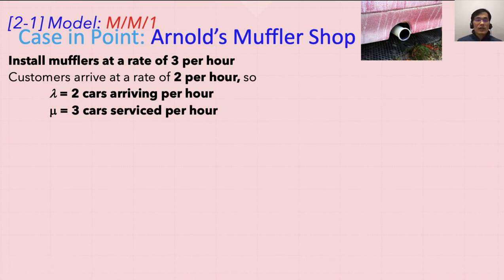Let us now take an example to understand this M/M/1 model. Let us apply these formulas that we have learned to the case of Arnold's Muffler Shop in New Orleans. Arnold's mechanic, Larry Blank, is able to install new mufflers at an average rate of 3 per hour. In other words, mu is 3 per hour, which is about 20 minutes each.